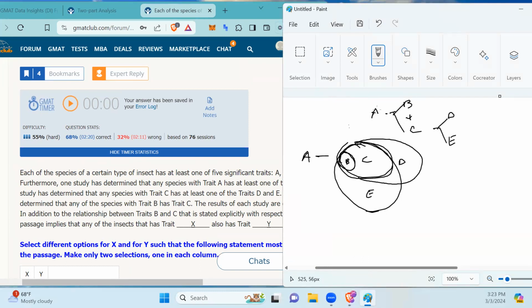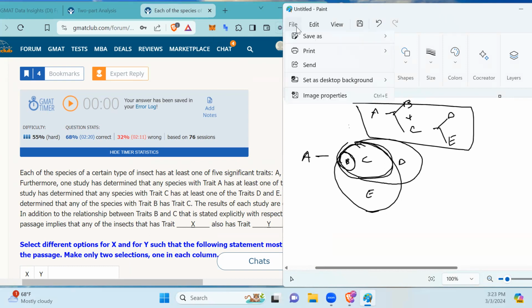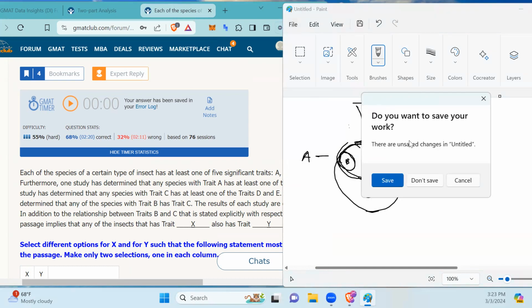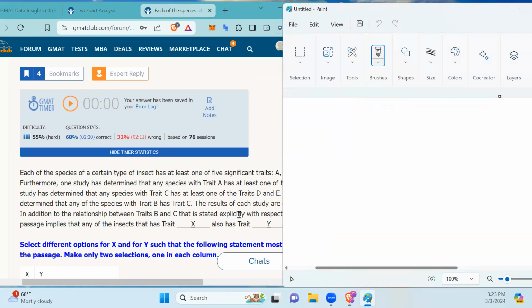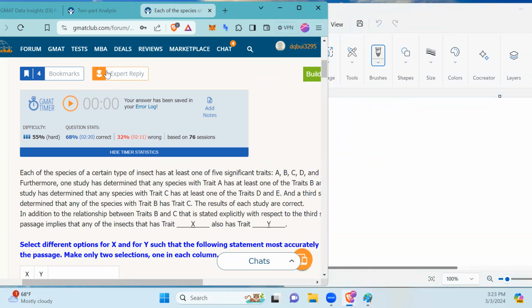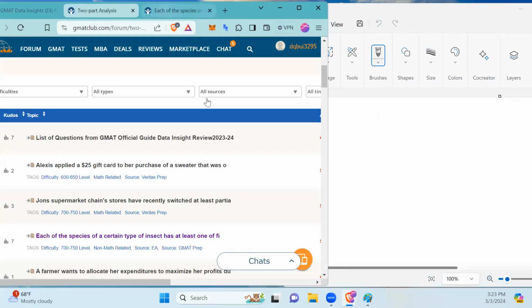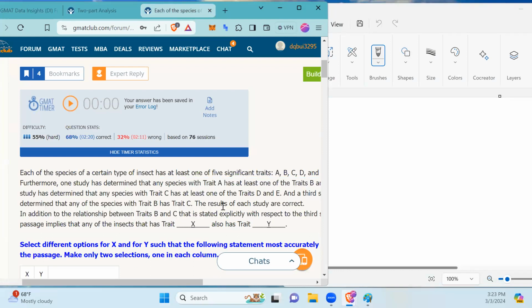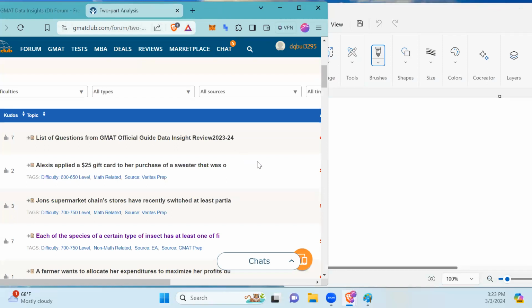A tree map like this is also a tool. Do whatever you want as long as it correctly and sufficiently shows that one set is a subset of another set. And pay attention to the wording, just like what we did for this question. Okay, great. Let's do one more.